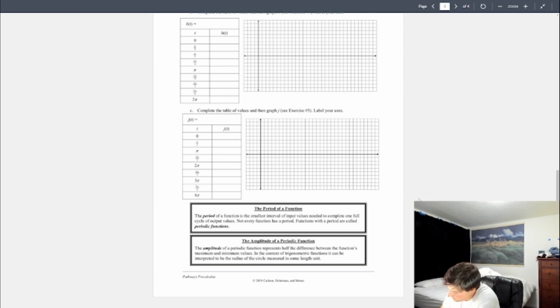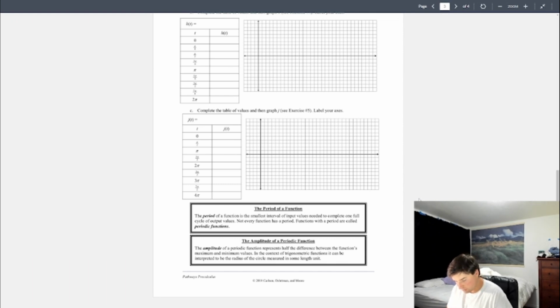In the context of trig functions, amplitude is the radius of the circle. Radius equals 2.3, so amplitude is 2.3. Okay, nice. One more page.